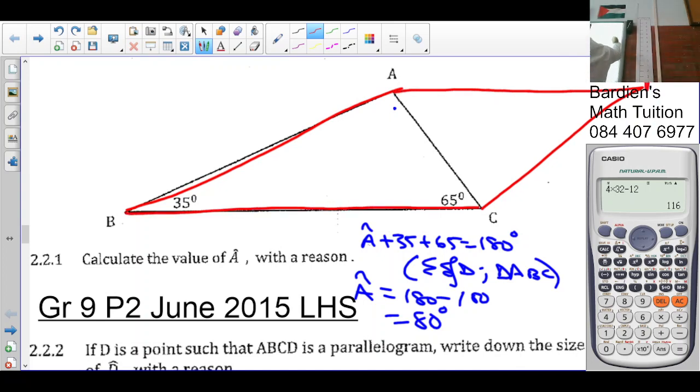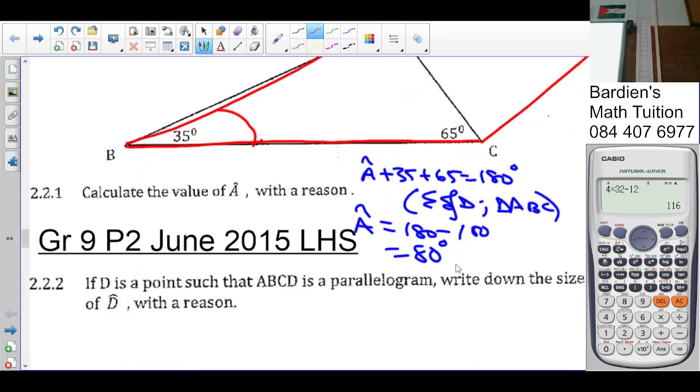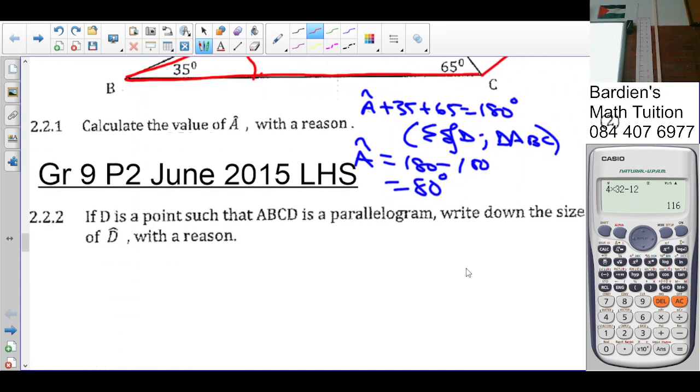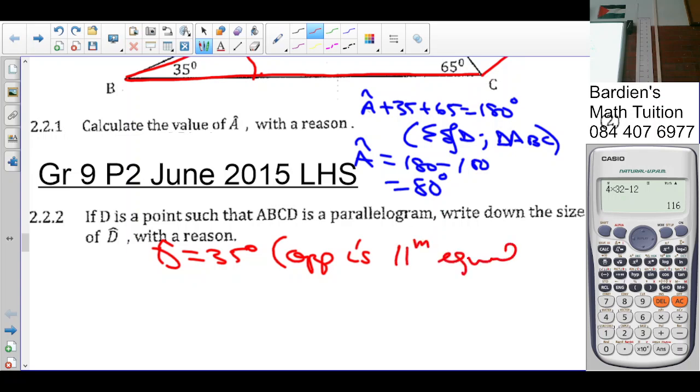And there is the D. So what would the size of angle D be? 35 degrees. Why? Opposite angles of a parallelogram are equal. So big D is 35.